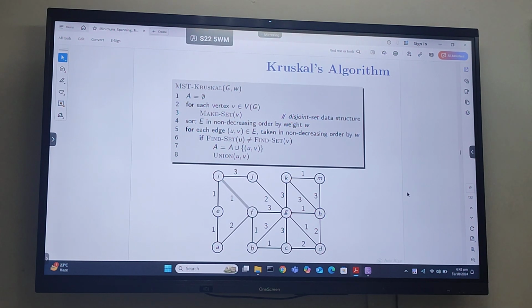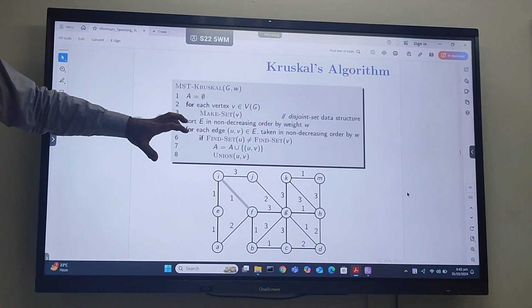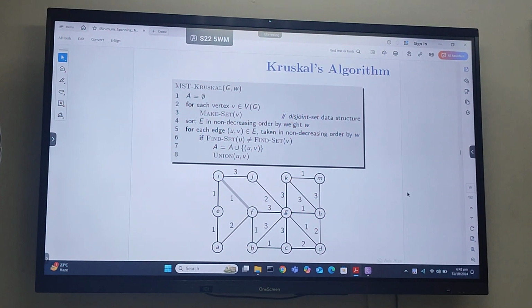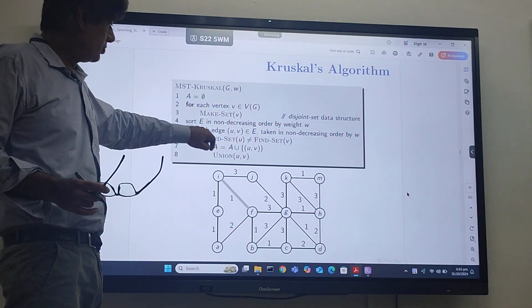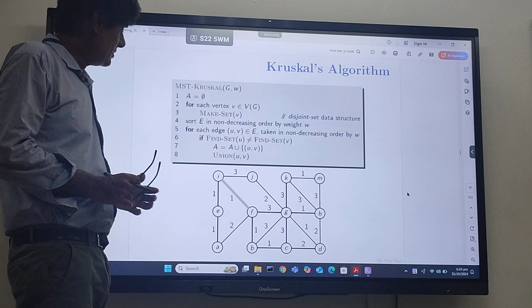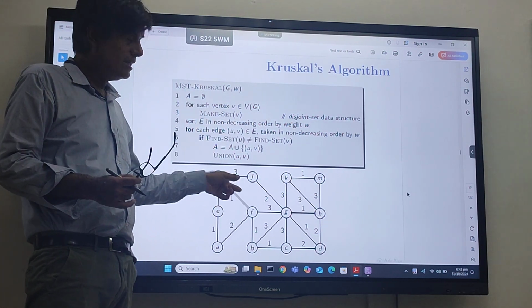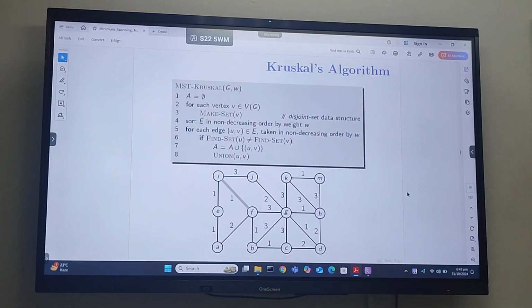I hope you can see it, the gray one. Right now, I and F are in two different sets. Remember, no union has been performed yet. Since they are in two different sets, these sets will be merged together, and this edge will be included in A. We represent this by the blue line as before.